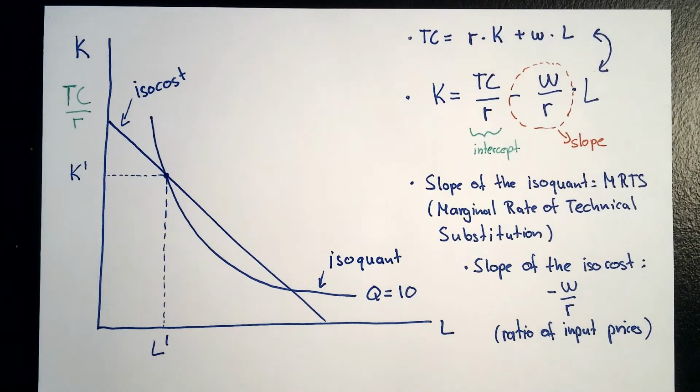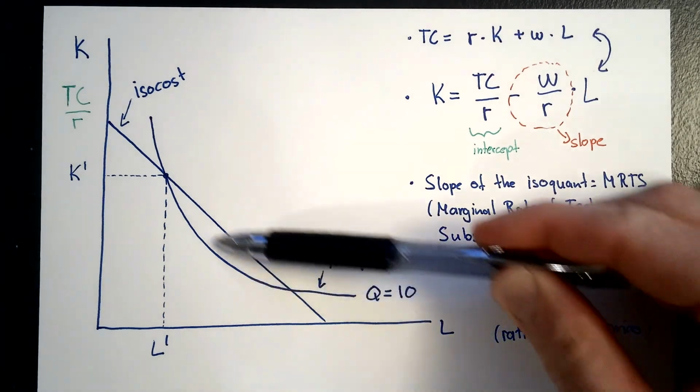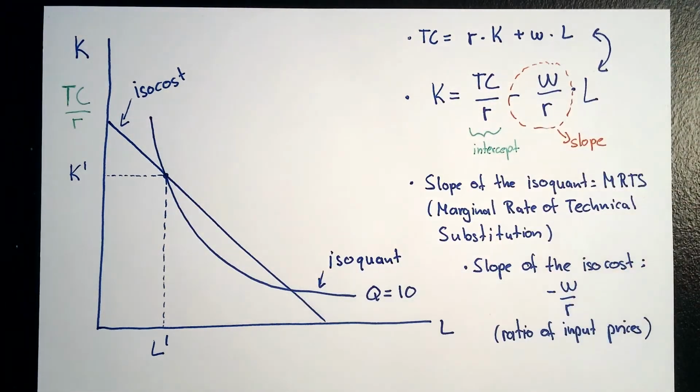Now, the question is, how does a firm, based on input prices and based on its technology, which is in part represented by this isoquant here, choose the right combination of capital and labor or any other inputs to minimize their cost?